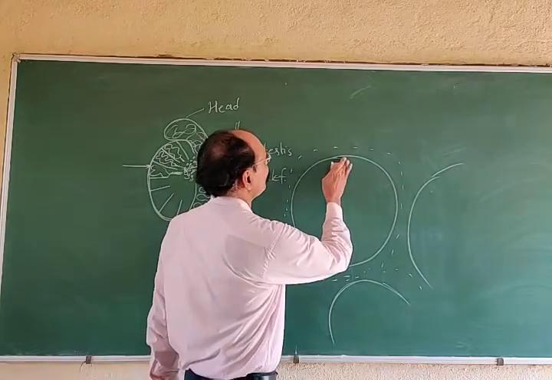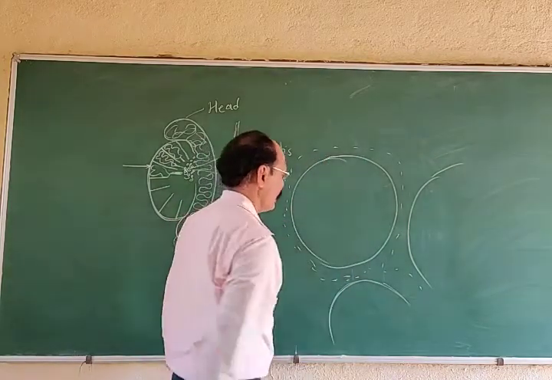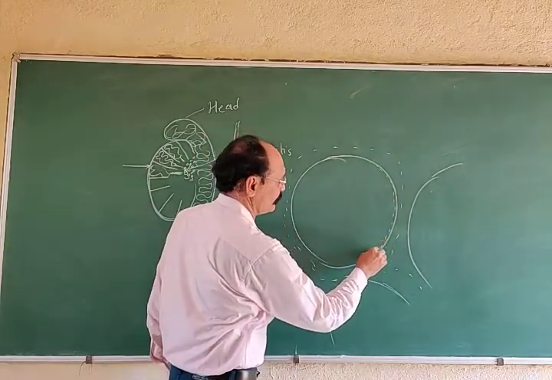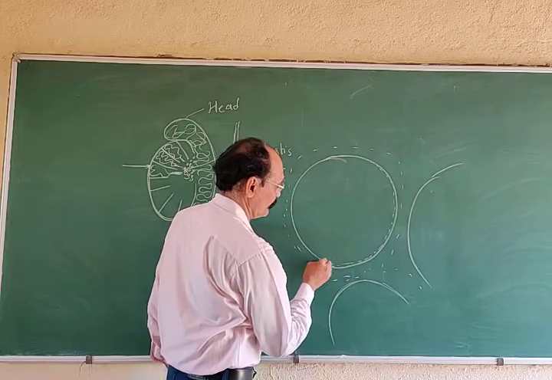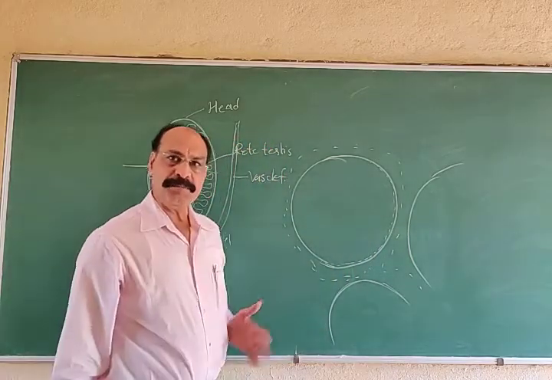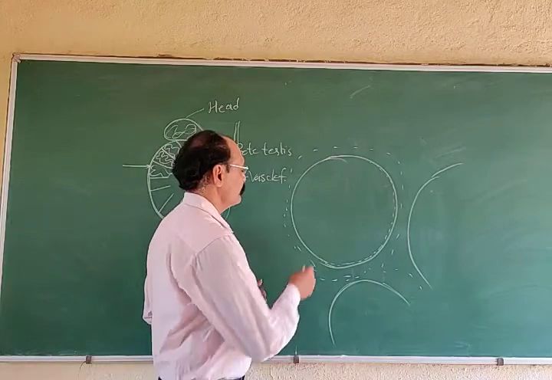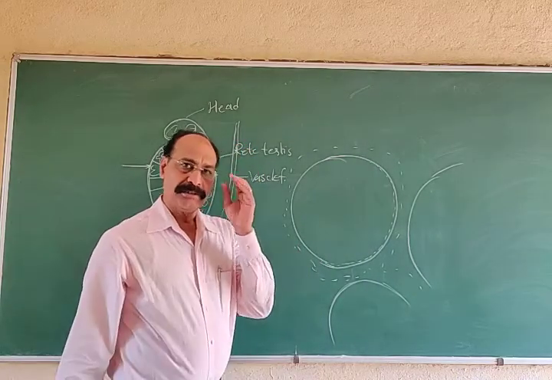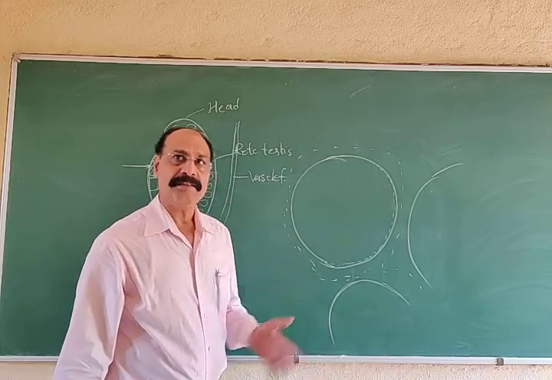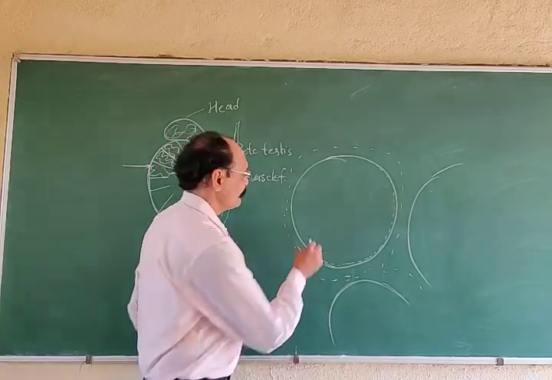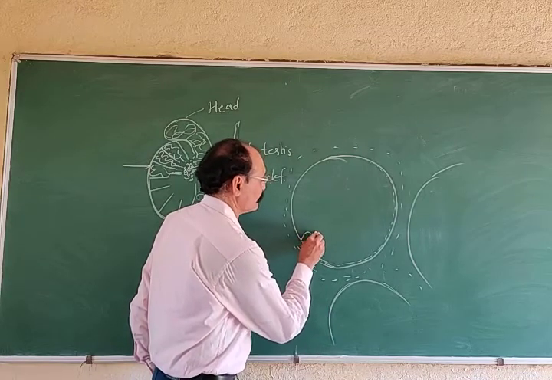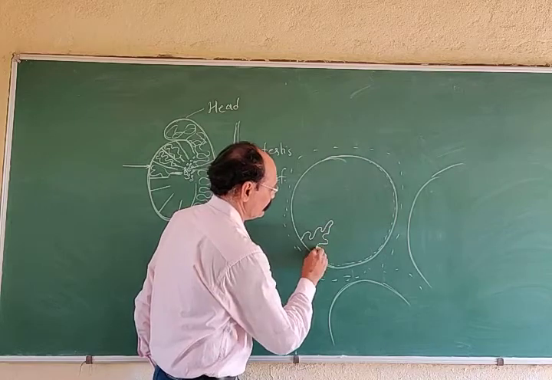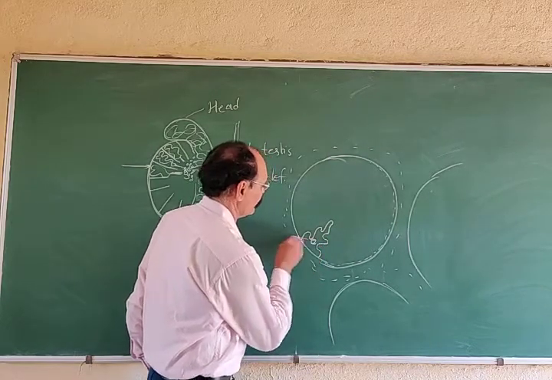Here the seminiferous tubule has a connective tissue membrane, and below that there is a basement membrane. On the basement membrane there are two types of cells, the somatic cells and the germinal epithelium. The somatic cell in this structure of the testis is the Sertoli cell.